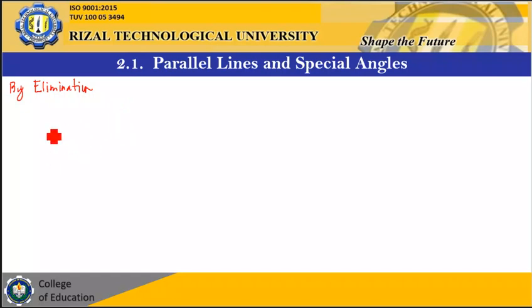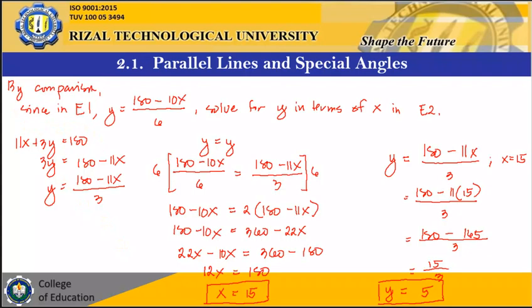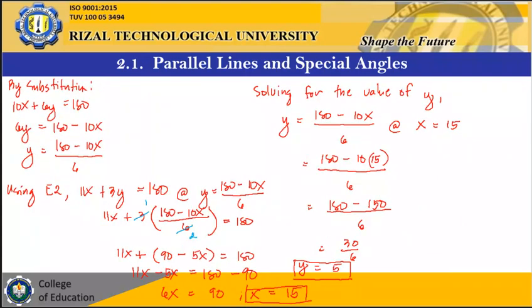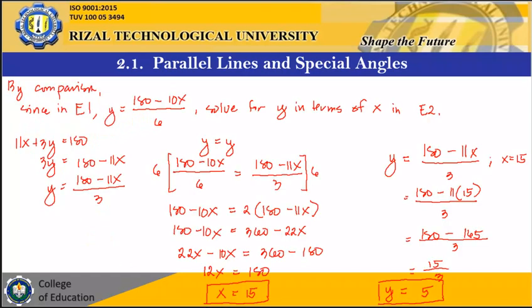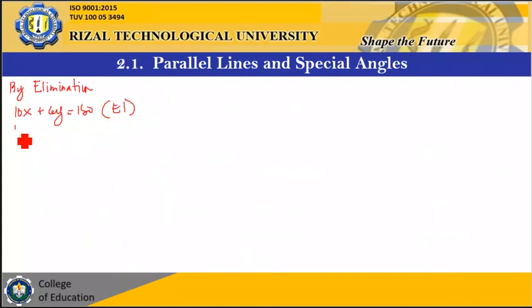So equation number 1 is 10x plus 6y is equal to 180, and our equation number 2 is 11x plus 3y is equal to 180.